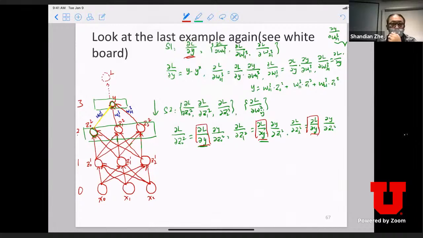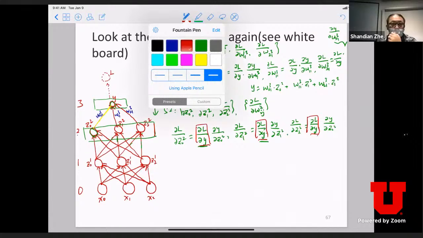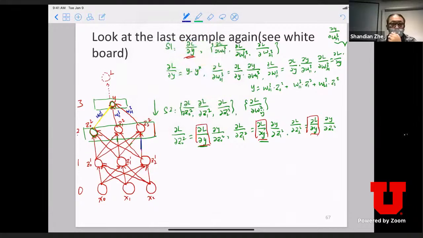It's pretty straightforward. So once we get the partial derivatives of all the neurons in layer 2, suppose I want to compute any edge weight pointing to those neurons. How do we compute? For example, suppose we want to compute the edge weight denoted by W222. How do we compute partial L over partial W222?